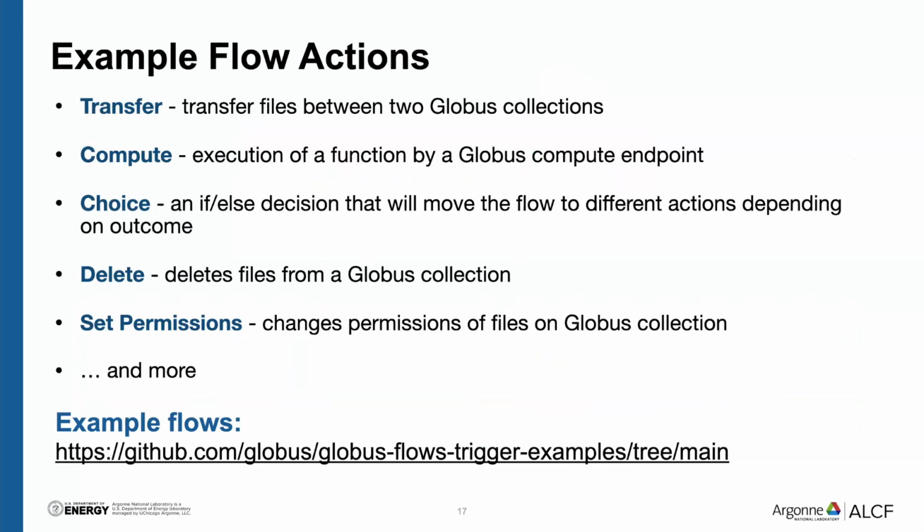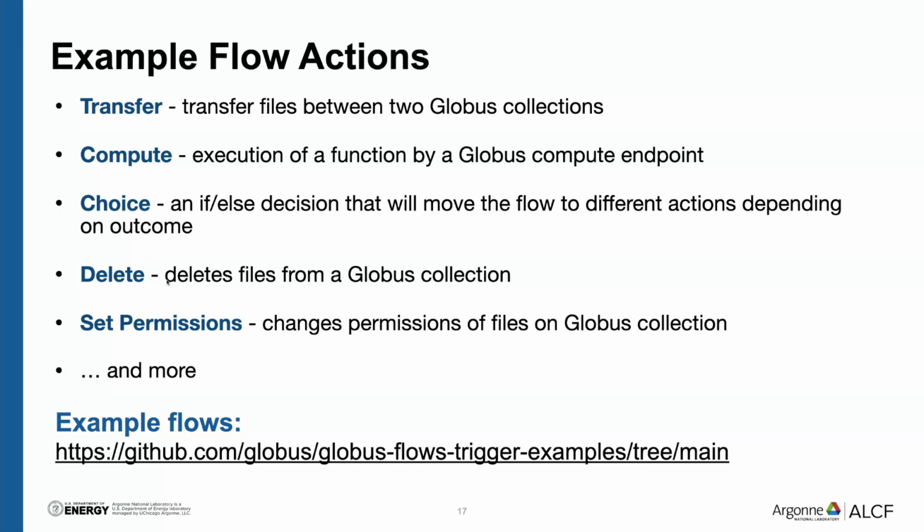So I mentioned there's different kinds of actions. We've talked about transfer actions. There's compute actions. There's other kinds of actions. So for example, you can have what's called a choice action, which is an action that will execute a decision based on some input of what action to move on to next, for example.